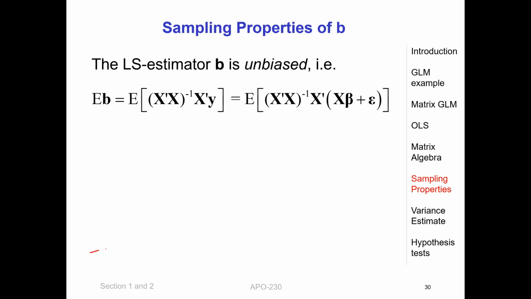For example, the graphical illustration is like this. There's a whole range of values B could take, and this is the mean. I call it B bar, for example. Meaning, for some samples you can get a value somewhere here, and then here, a bit closer, maybe farther away.